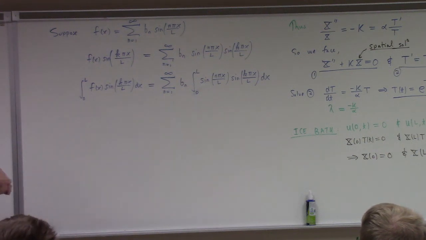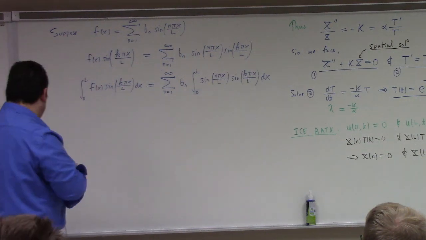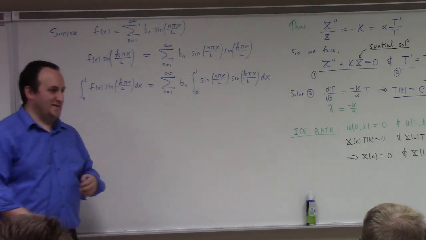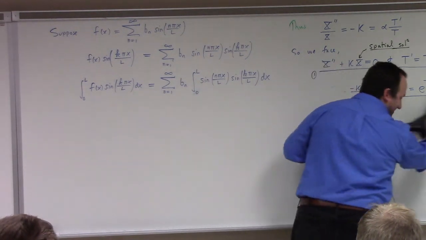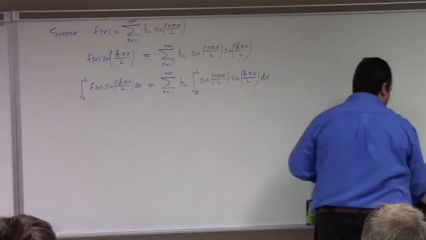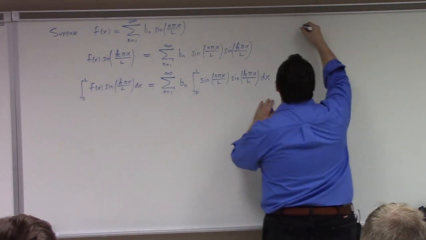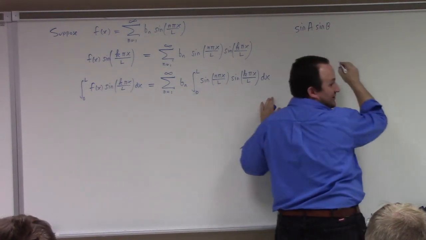And then the question is, how do you do this integral? Right? That brings us back to your homework, problem 2 or 3, I think. All right? So the way to do that integral is to understand how to calculate, if we have sine of A times the sine of B, how do you do that? Well, here's how I do it.